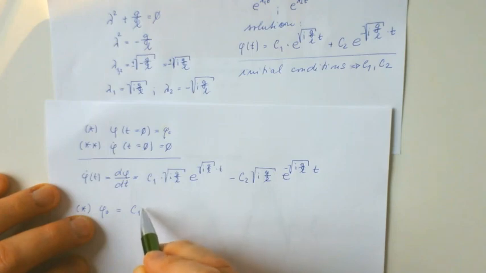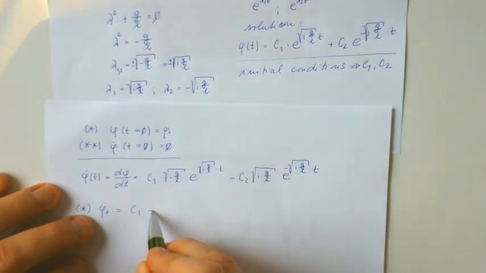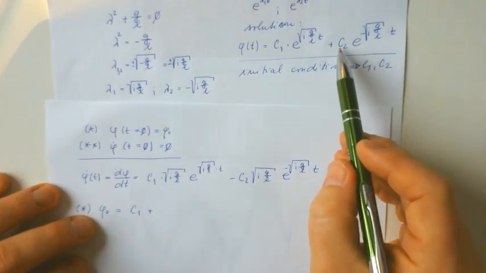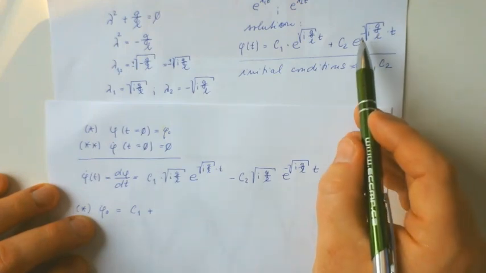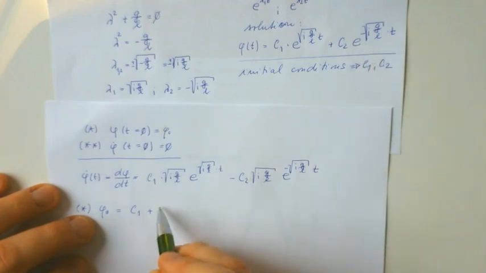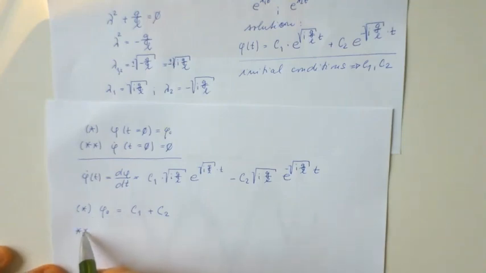So I can write 1 here, but I don't do it. Plus again c2 times 1, because t is 0 in the exponent of e.